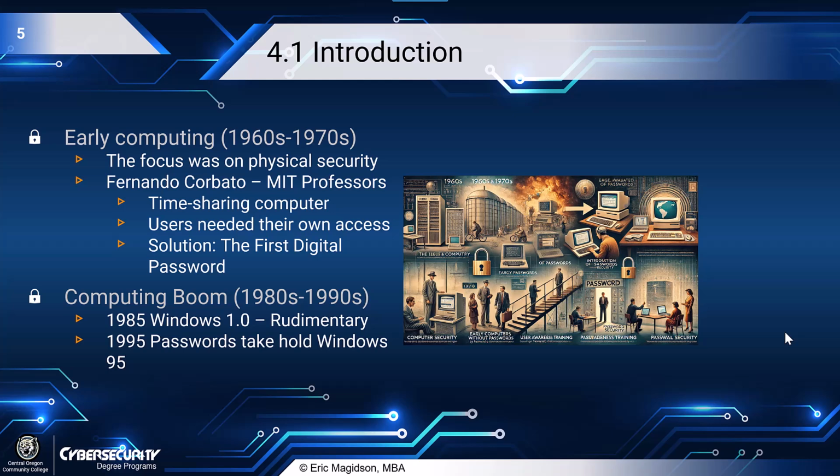Well, MIT professor Fernando Corbato, I hope that's how I pronounce it, he builds this time-sharing computer, and everybody wants to use it, right? So he's actually the one that came up with the first digital password. That way, individual users had a password, they had time, they put in their password, that was their computer time.